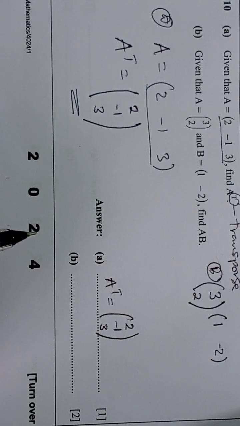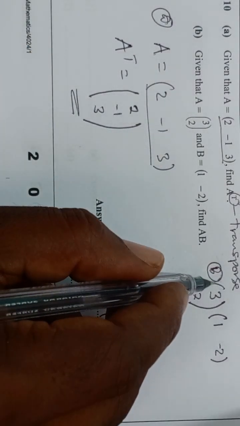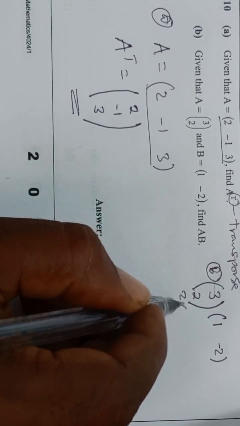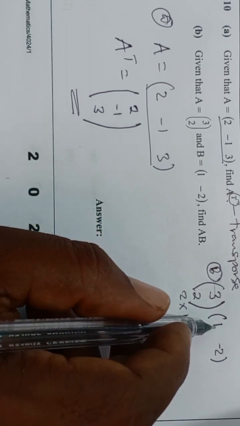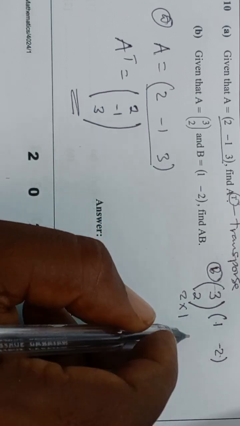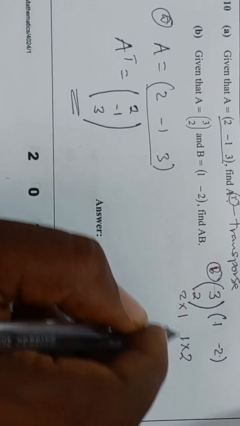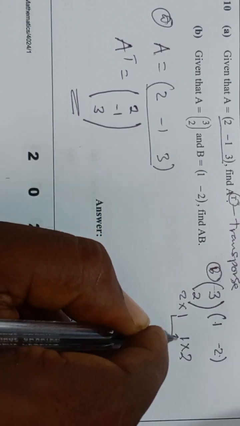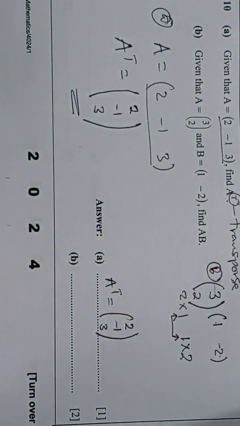Many people can fail to handle this matrix, but this matrix is simple. Remember the order of this matrix: it is a 2 by 1 matrix, and this is a 1 by 2 matrix. So this is a defined matrix, and it can be multiplied.